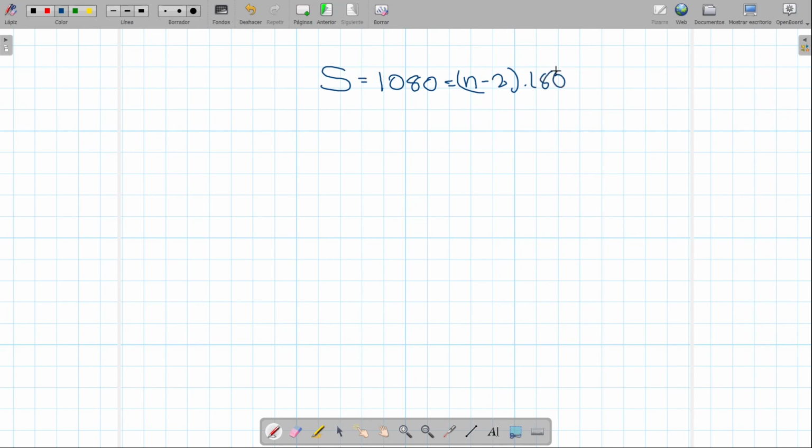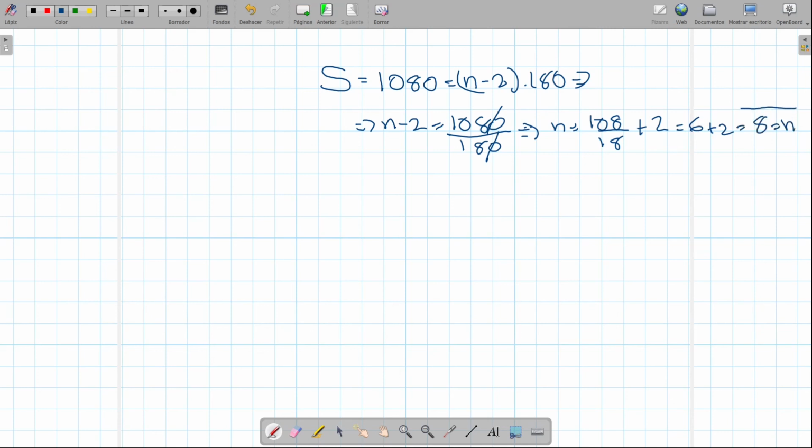Okay, so n minus 2 has to be 6, so n is going to be 6 plus 2, which is 8.